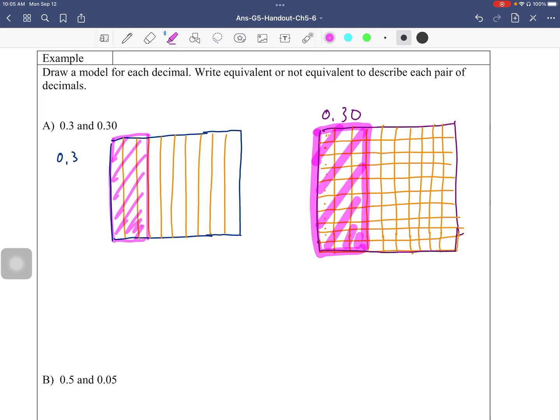So this is 30 parts. Okay, so they are the same, they are equivalent.